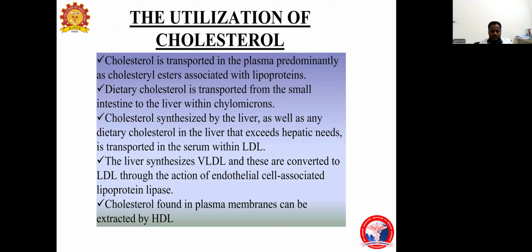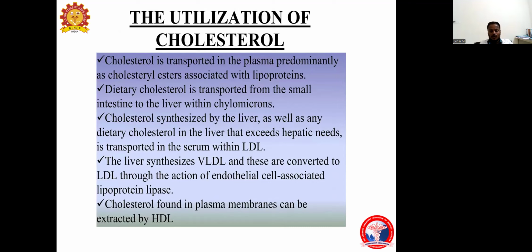The liver synthesizes VLDL, which are converted to LDL through the action of lipoprotein lipase associated with endothelial cells. The cholesterol found in the plasma membrane can be extracted by HDL.